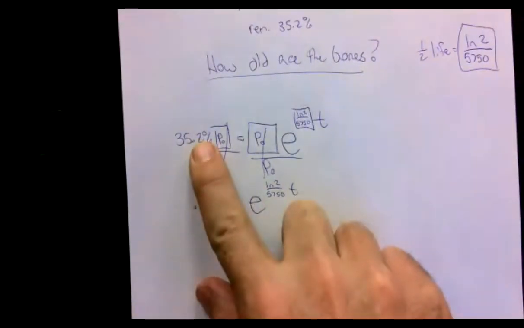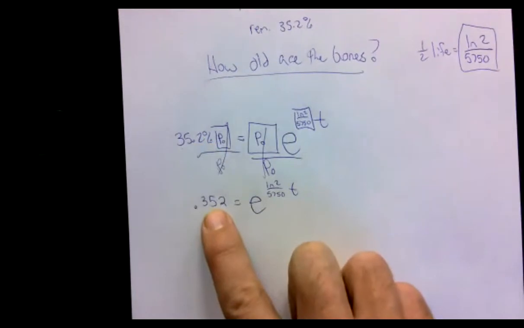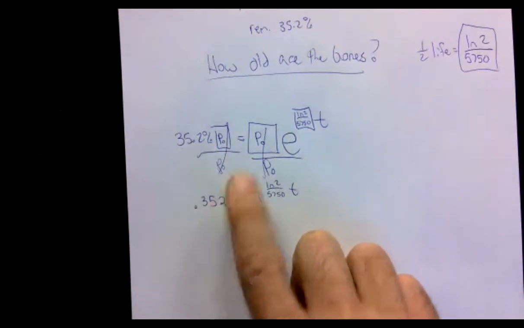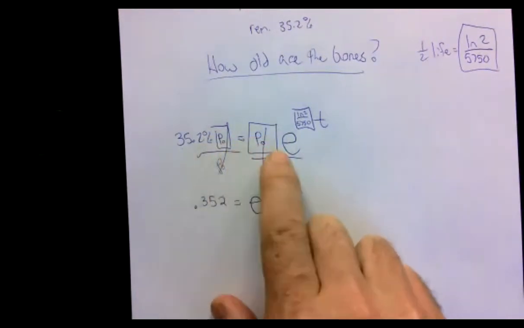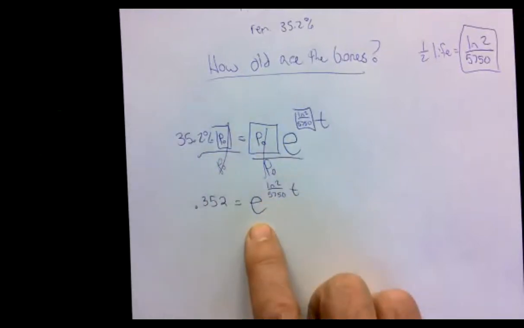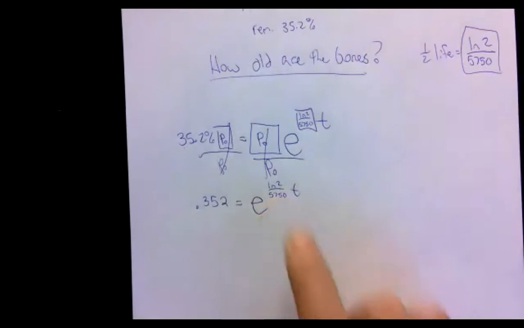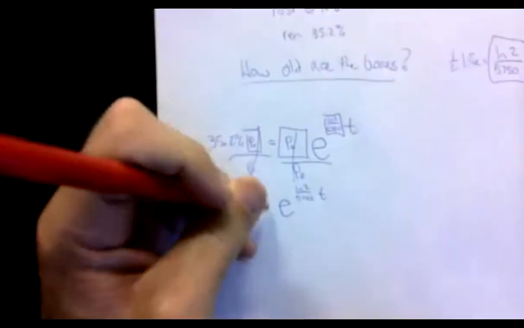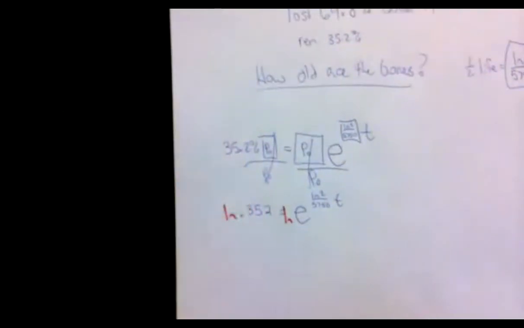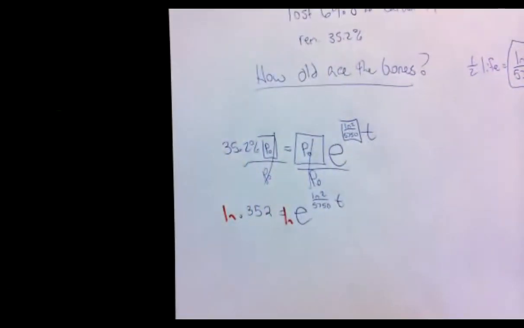So again, I changed that 35.2% to a decimal. When I divide out that initial amount, it cancels. We're left with e, and we still have that half-life formula as our constant. And again, just like before, to get rid of e, we'll use the natural log.